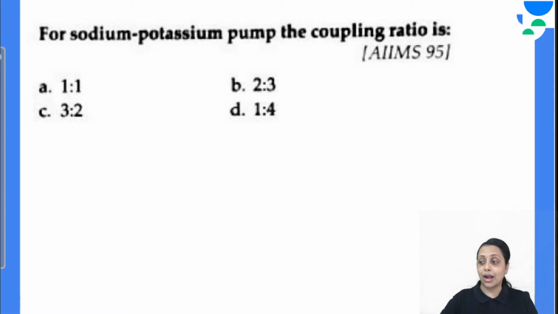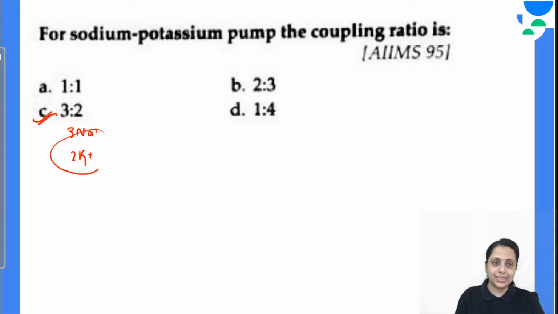Yes, the coupling ratio is 3:2. 3 sodium are pushed outside and 2 potassium move inside the cell.